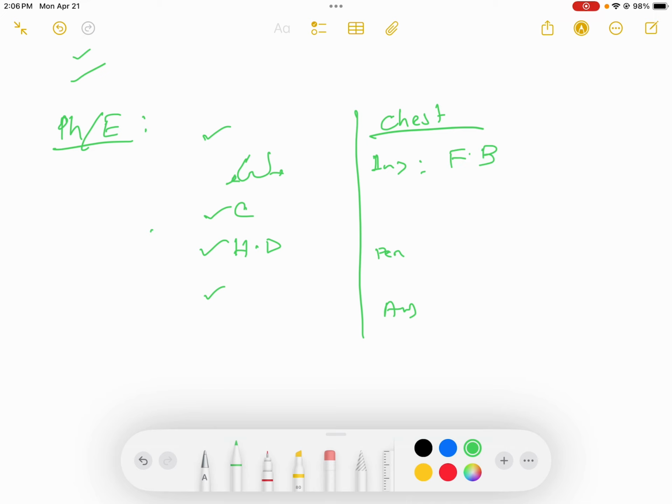Inspection shows fast breathing, chest indrawing, then suprasternal recession, hyperinflation. Percussion shows hyper-resonant.